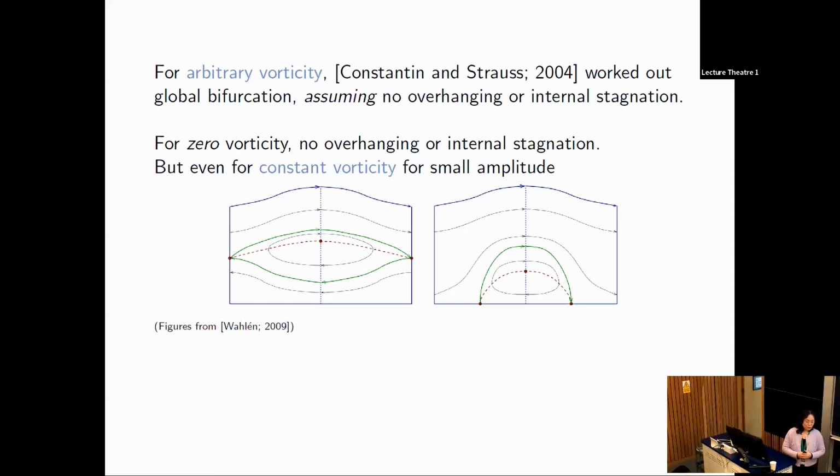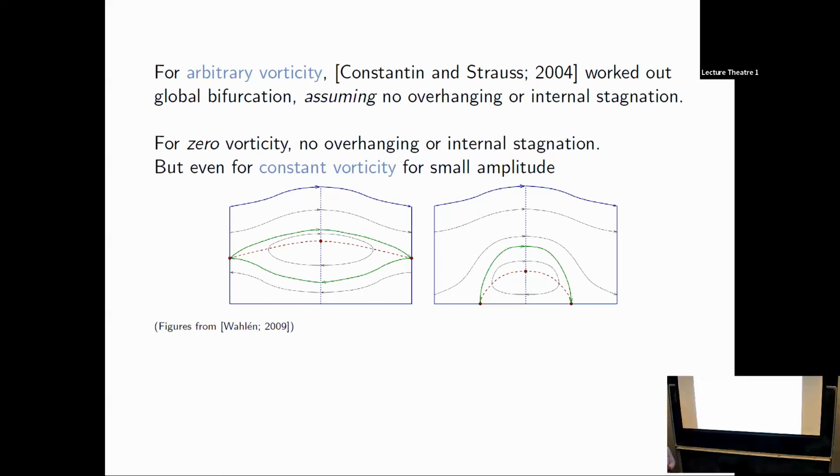That means that you have a connected set of solutions connecting zero amplitude solutions all the way to large amplitude solutions. But they had to assume that there are no overhanging profiles in the collection of solutions they found, and there are no interior stagnation points. But for zero vorticity, one can prove that in fact there cannot be any overhanging profiles and there should not be any interior stagnation points. So you don't have to impose these properties.